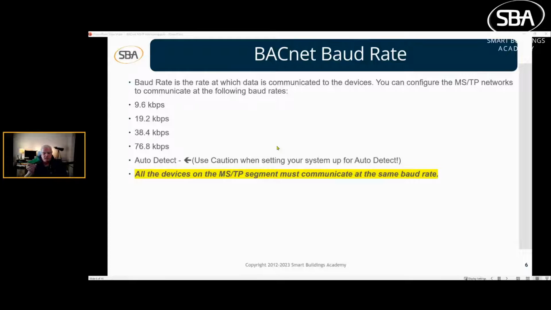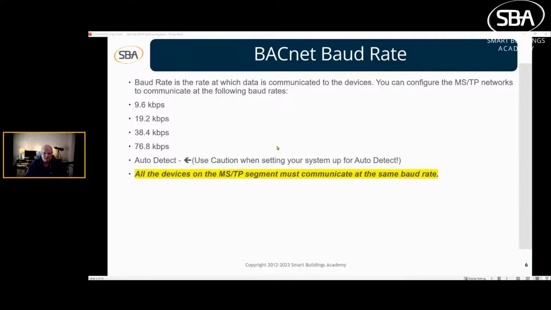So he could have done that, but he didn't. So what he did do was plug his portable BACnet router into this network. And because everything was auto-bauded and auto-detect, the baud rate changed when he plugged it in, and it no longer communicated with the rest of the building.